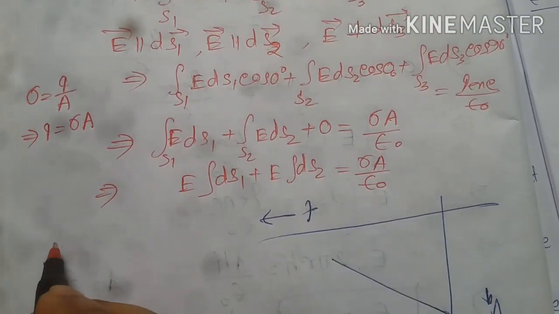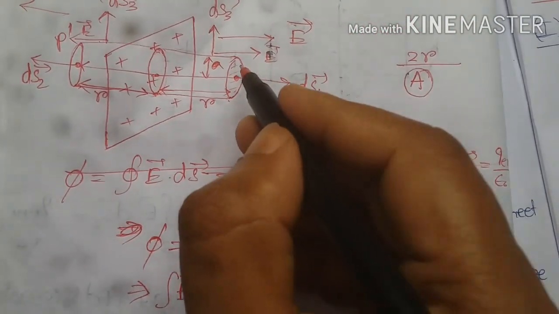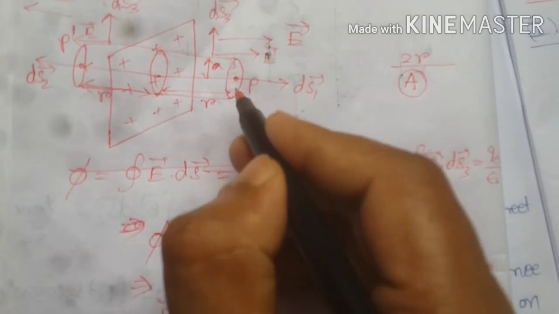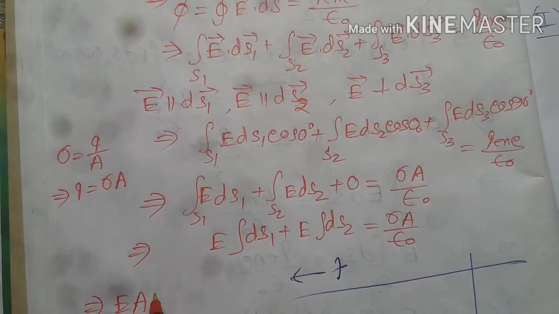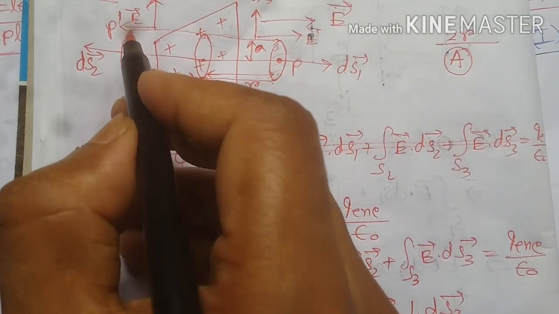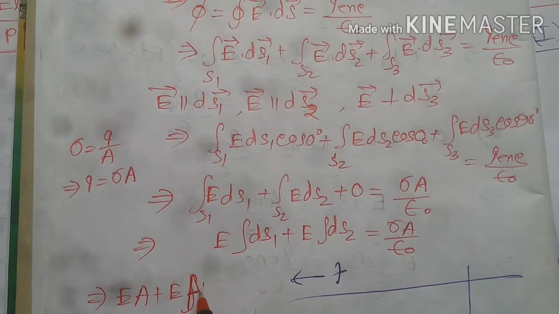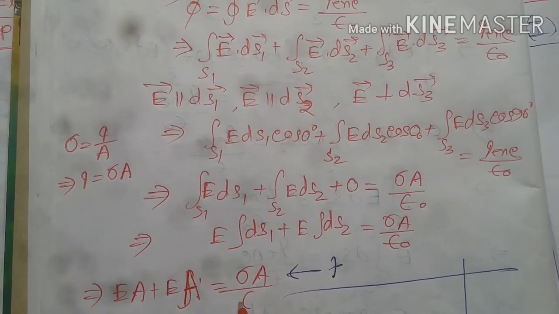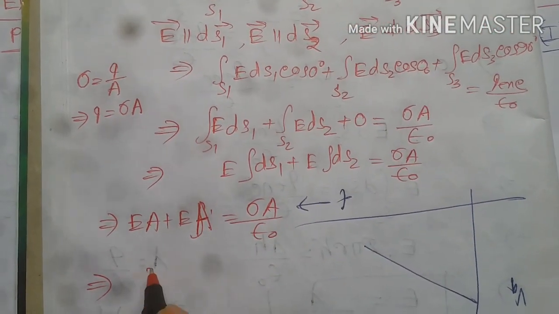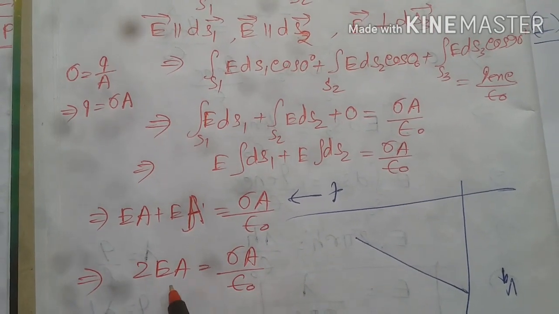Now see, ds1 integrated means the total area of this surface, this is A. E ds2 integrated means the total area of this surface, so this is again A. So it is sigma A divided by epsilon naught, and it will be 2EA equals sigma A divided by epsilon naught.